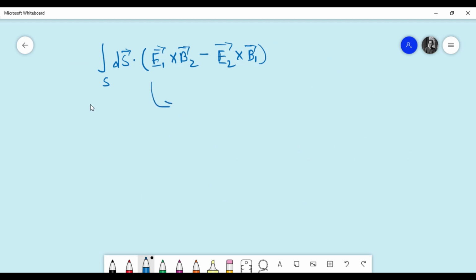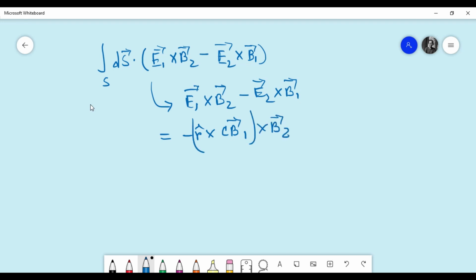Let's just separate out the integrand here. And this is our CB1, and this is B2. So here's a minus, and there would be a minus for the E2 field, so it would be plus, and this, and B1 crossed.